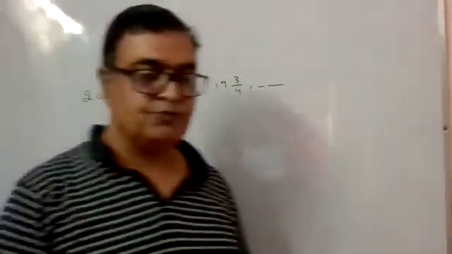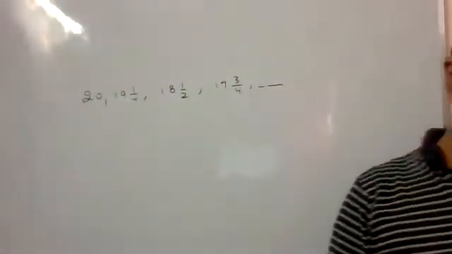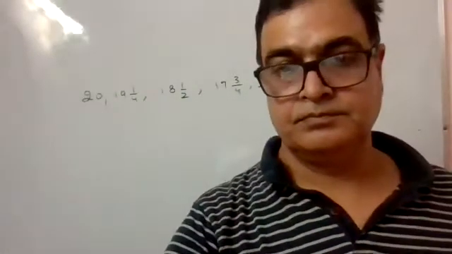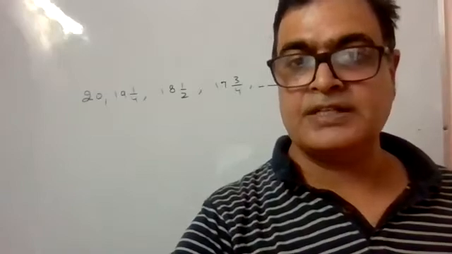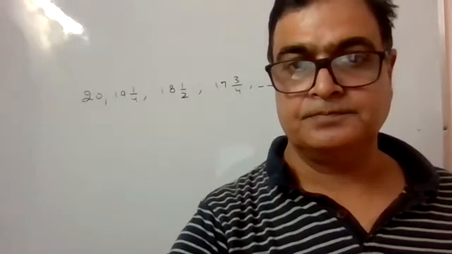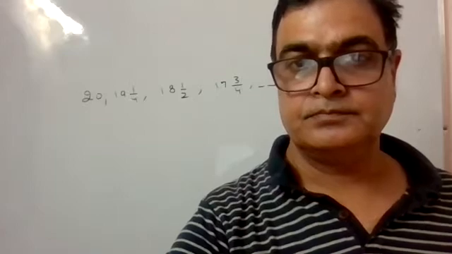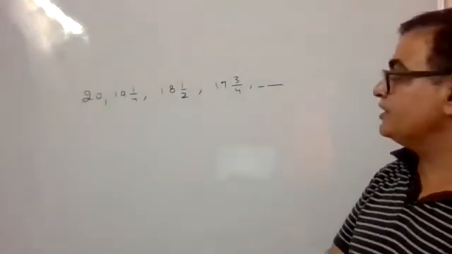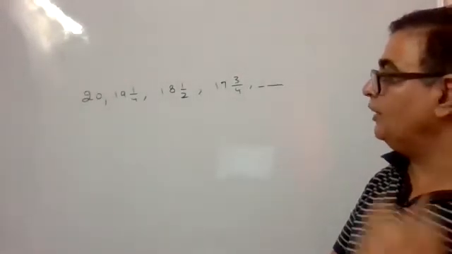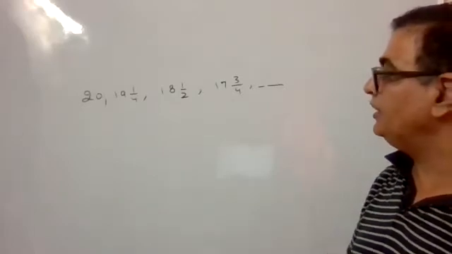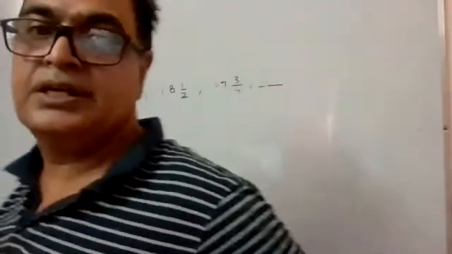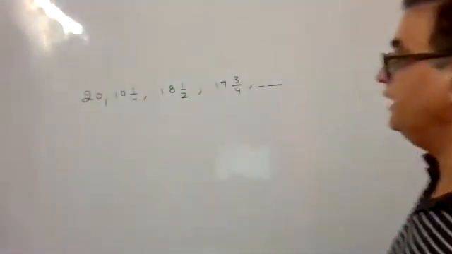Which term is the first negative term here? Tell which is the first negative term. 20, 19 1/4, 18 and a half, 17 3/4, and so on. Which will be the first negative term we have?